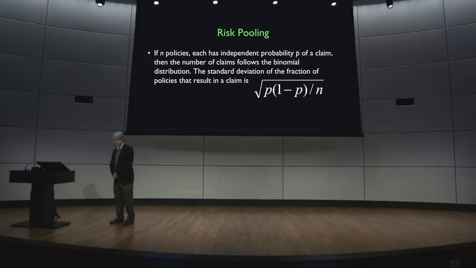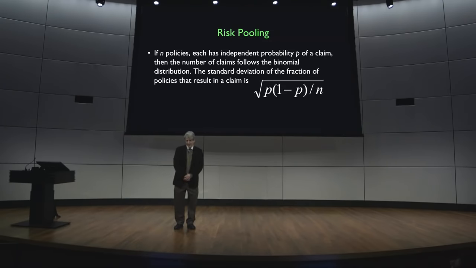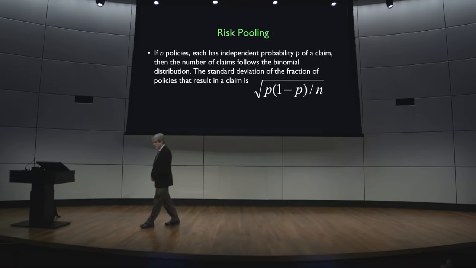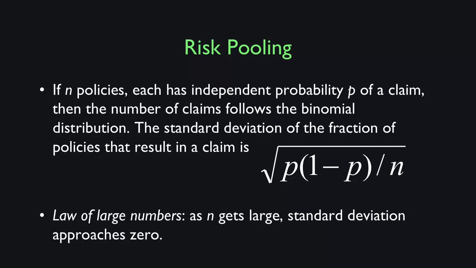Now, there's a little mathematical formula for risk pooling, which is assuming independence. Let's say it's a life insurance, if every death is independent of the other, there's no epidemics or wars that bring a lot of deaths all at once, then the risk that you face if you're writing N policies, each against one life, is the standard deviation given by the square root of p times 1 minus p, where p is the probability of death, divided by n, and the square root of that.